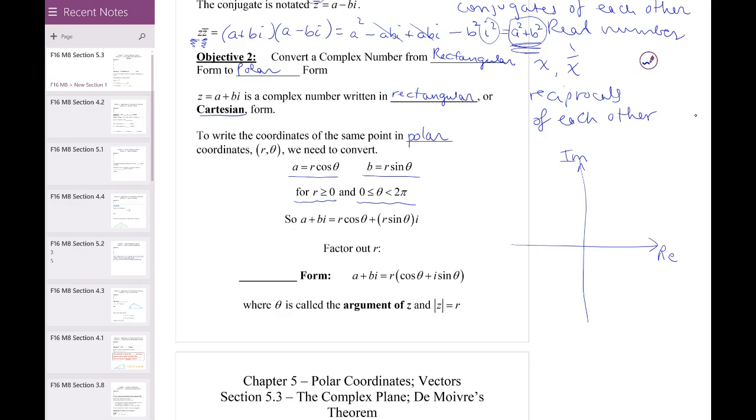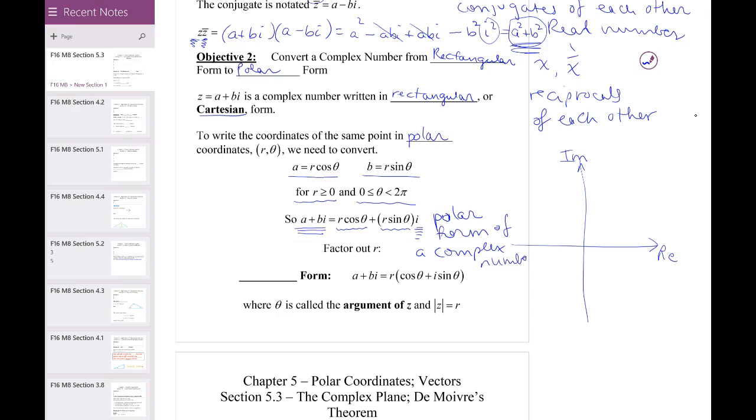So the number a plus bi is going to be r cosine theta plus r sine theta i. So we've written a complex number that was given in rectangular form in polar form. So this is called polar form of a complex number.